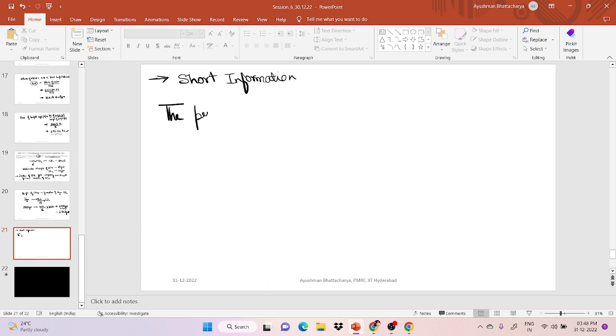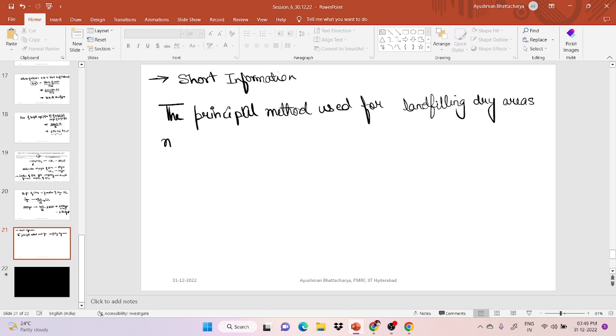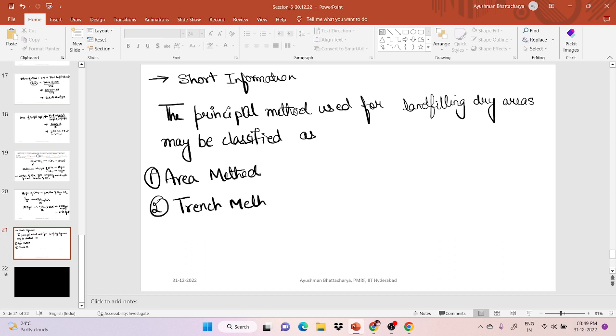The principal methods used for landfilling dry areas may be classified as: first is the area method, second is the trench method, third is the depression method.